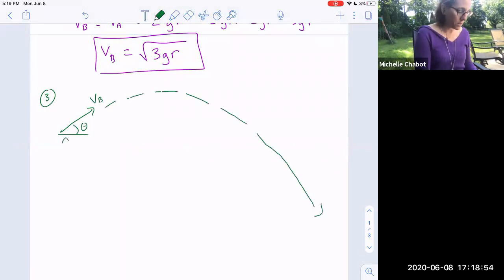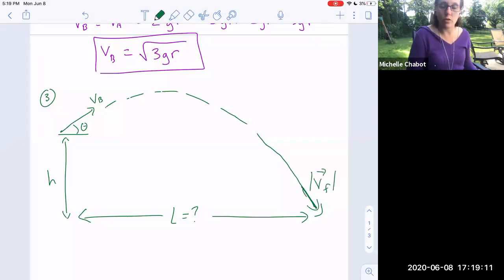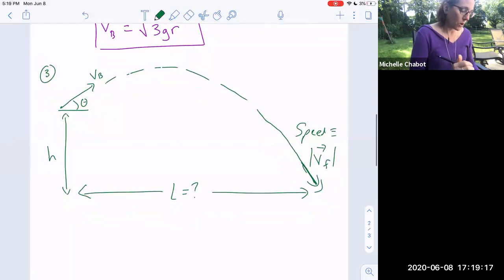This whole thing, we were told, was a height h off the ground. We want to find L as one of the things we're trying to find. And we also want to find the magnitude of the final velocity vector, because that's going to be our speed.